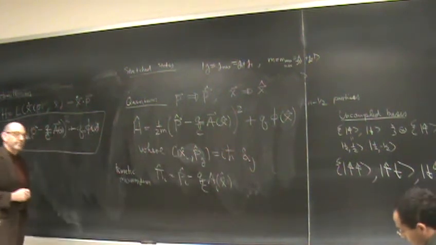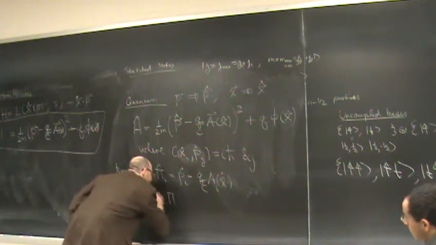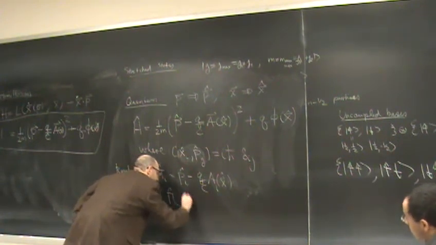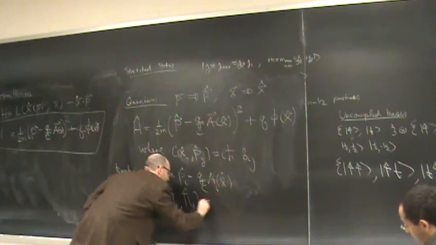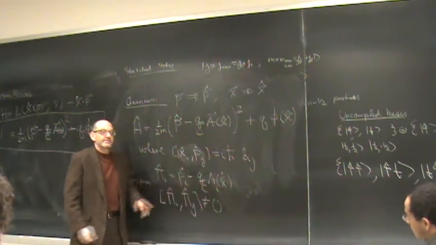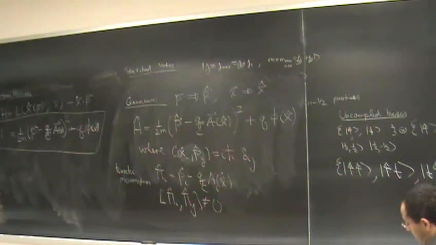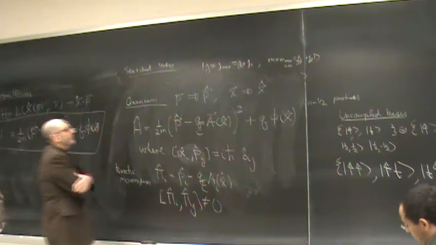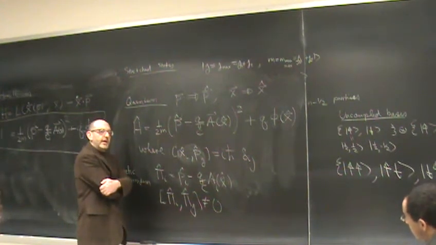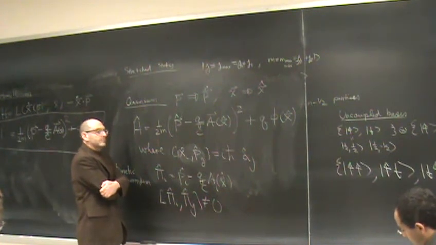That's the kinetic momentum. In fact, the different components of kinetic momentum don't commute with one another, because x and p don't commute. In fact, you have a homework problem for that, to think about that. But the components of canonical momentum do. So where it says the commutator of x and p, that p there is the canonical momentum.